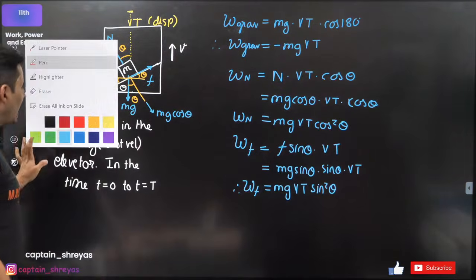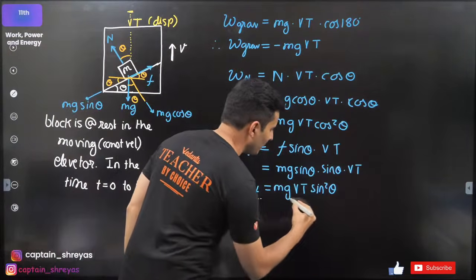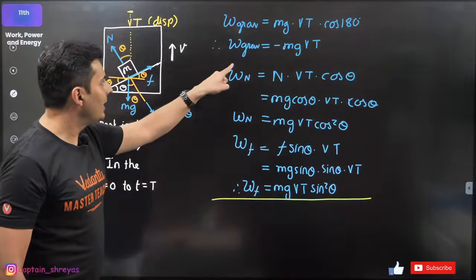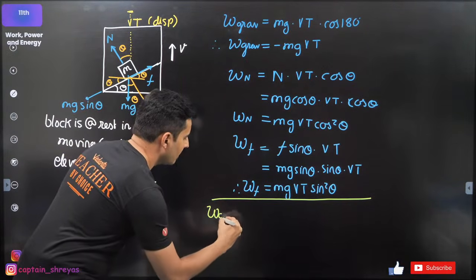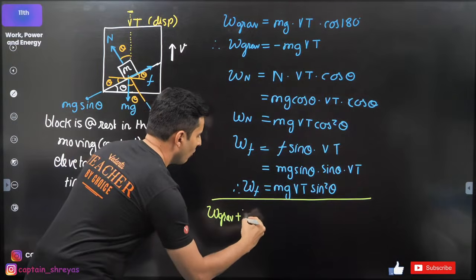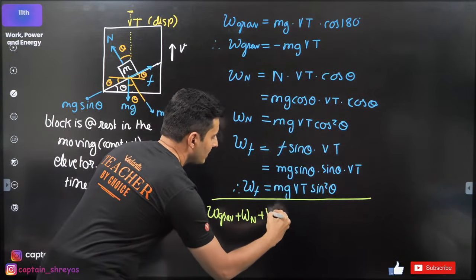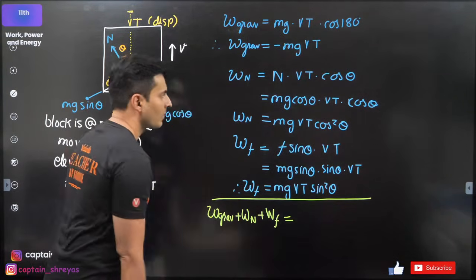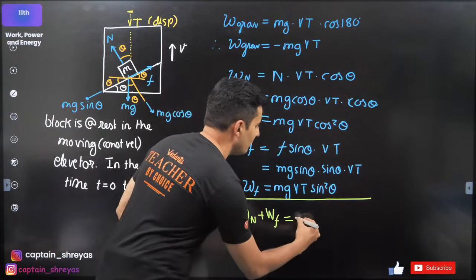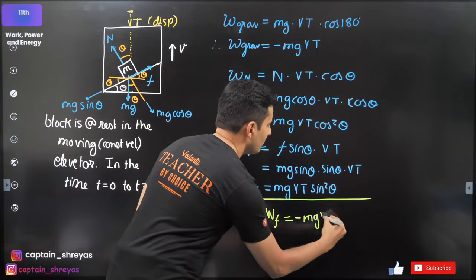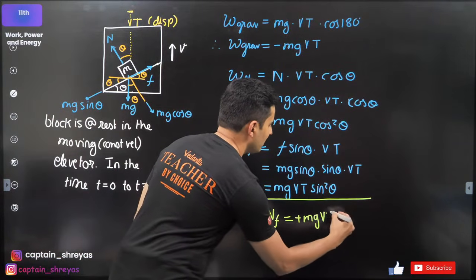Okay. Now I have something interesting to show you. What if I add the work done by gravity, normal and friction? The work done by gravity plus the work done by normal plus the work done by friction. What do you think it's going to be? I can see there is minus mgvt over here, or I can just put mgvt common.